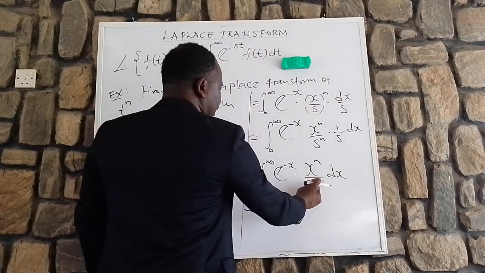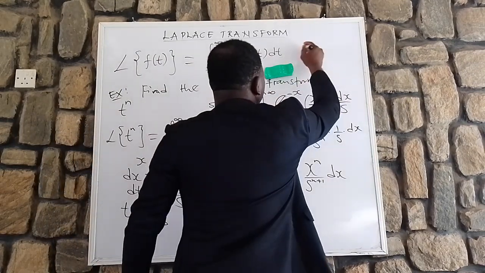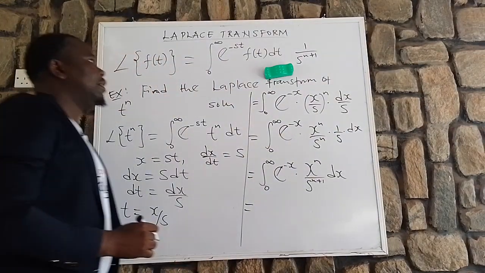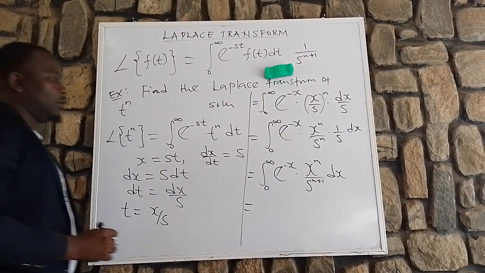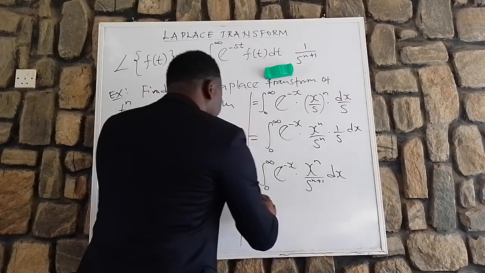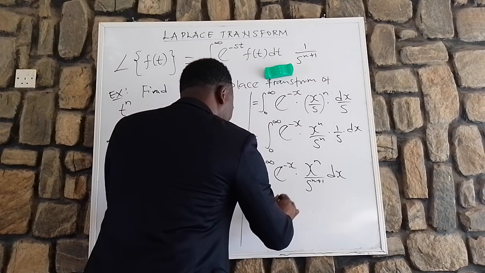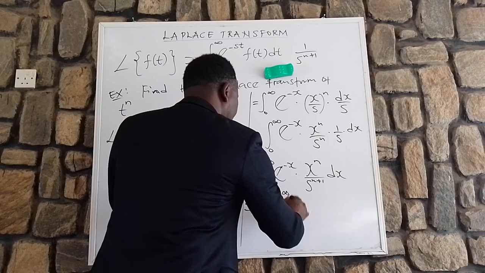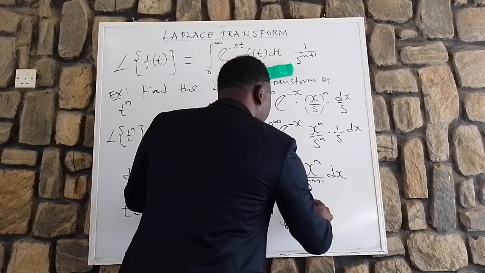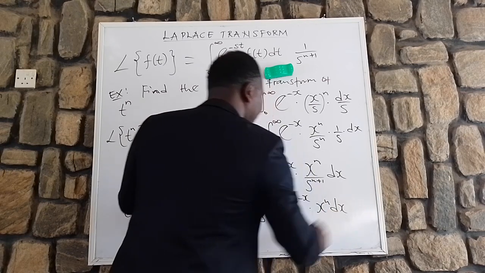Since this is 1 all over s raised to the power of n plus 1, it's a constant, so we can bring it out. If we bring it out, we have 1 over s raised to the power of n plus 1 times integral 0 to infinity. This is how the integral will look like, raised to the power n.